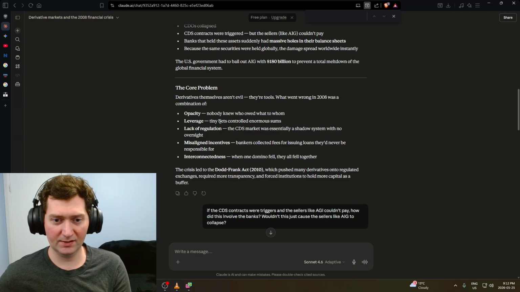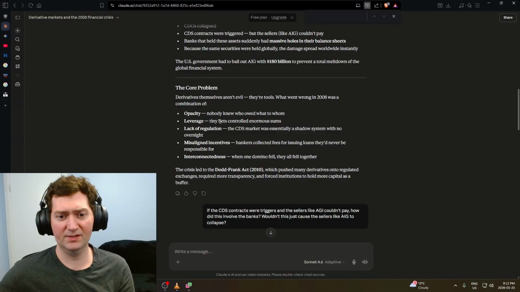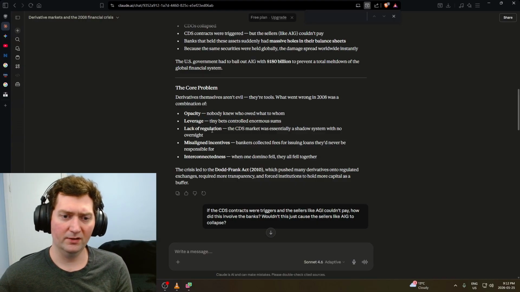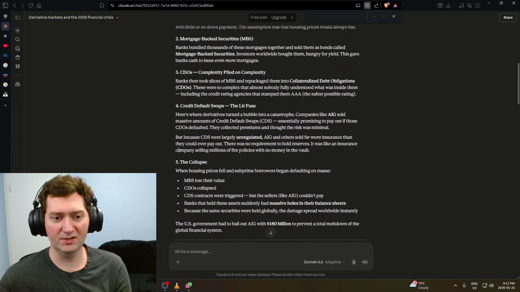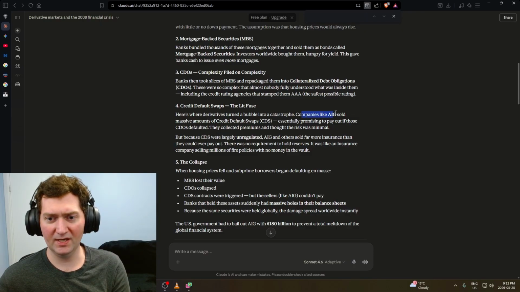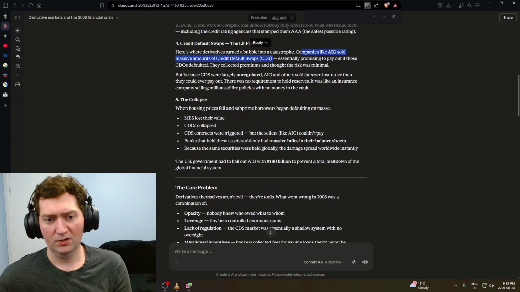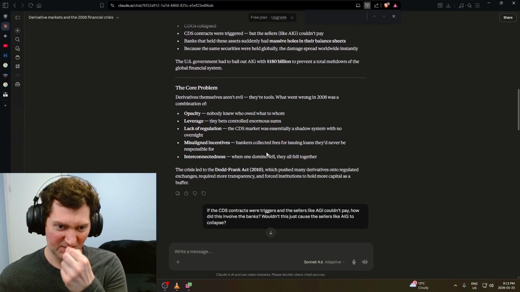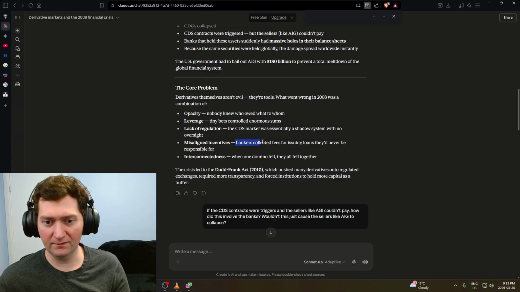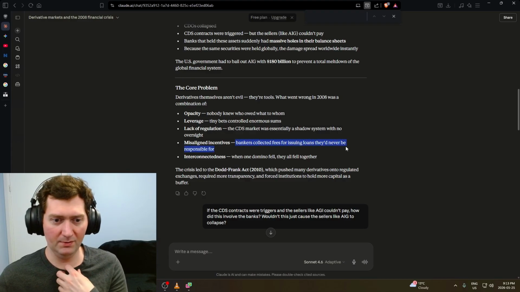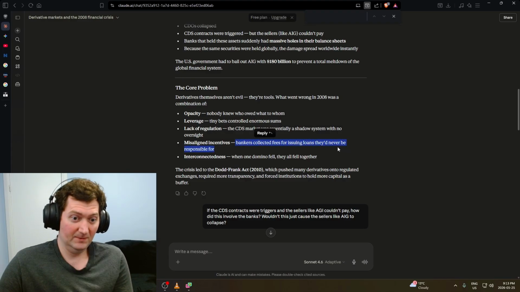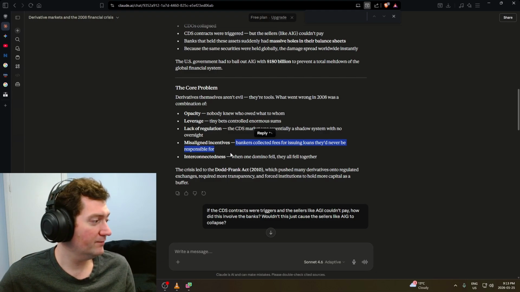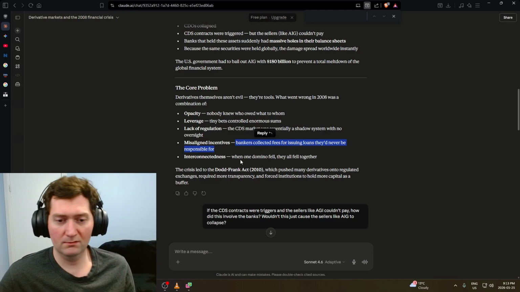Leverage, tiny bets controlled enormous sums. Lack of regulation, like just the not regulating. Companies like AIG, just not a good idea. Misaligned incentives, bankers collected fees for issuing loans they'd never be responsible for. I mean, that sounds like a good idea for the bankers, right?